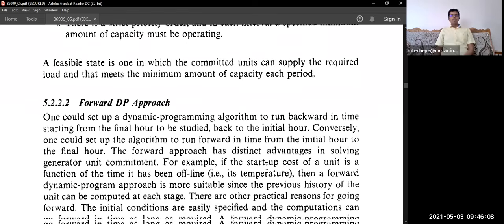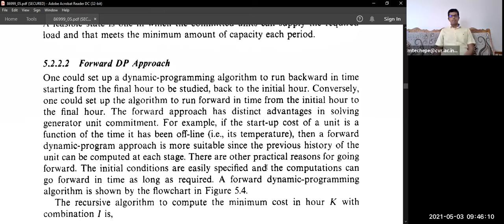So next, coming to the forward dynamic programming approach. The dynamic programming approach was set to run backward in time, starting from the final hour to be studied back to the initial hour. Conversely, one could set up the algorithm to run forward in time from the initial hour to the final hour.